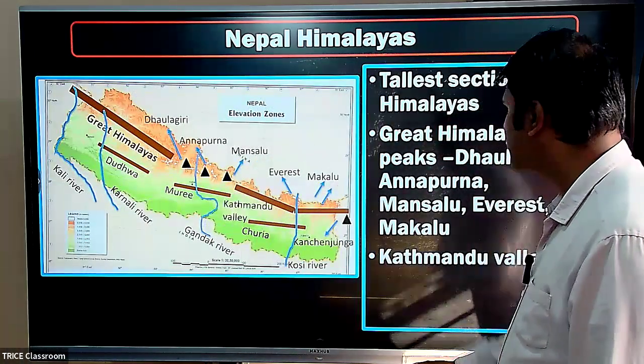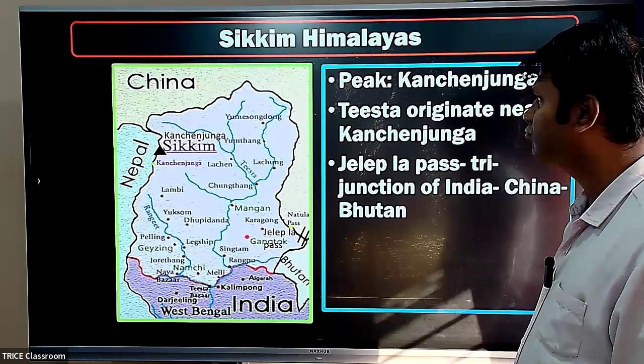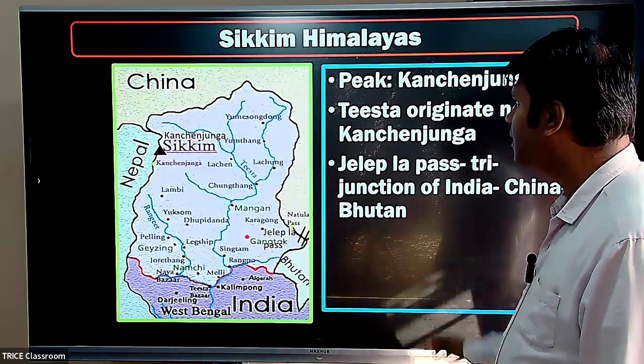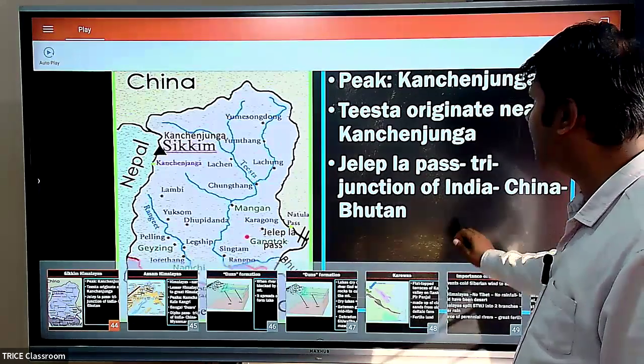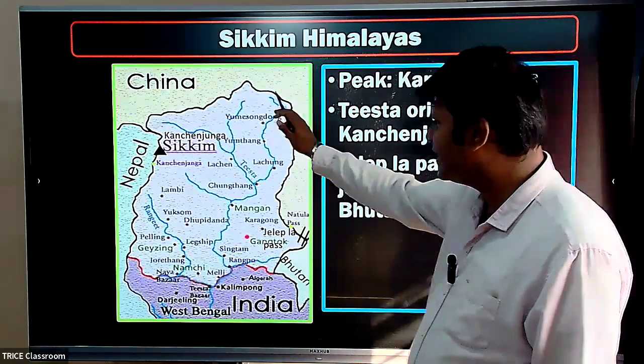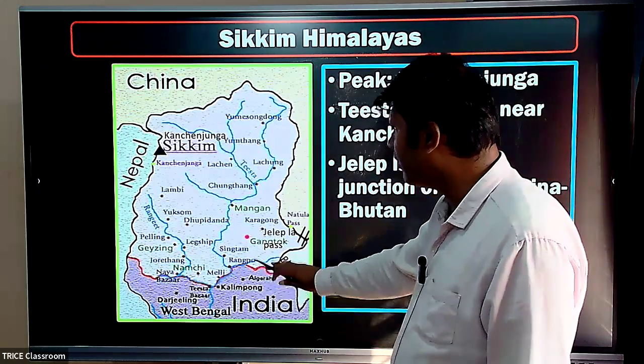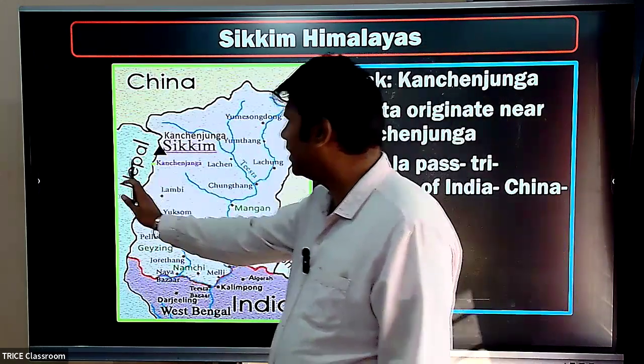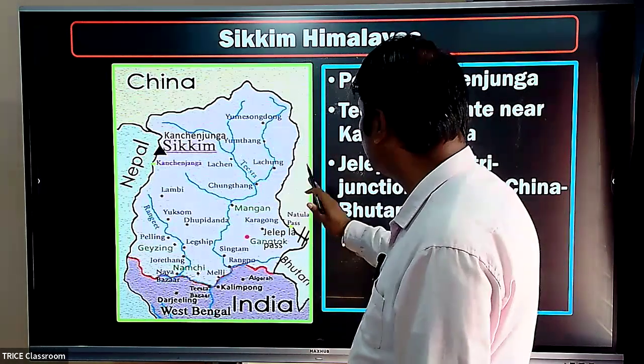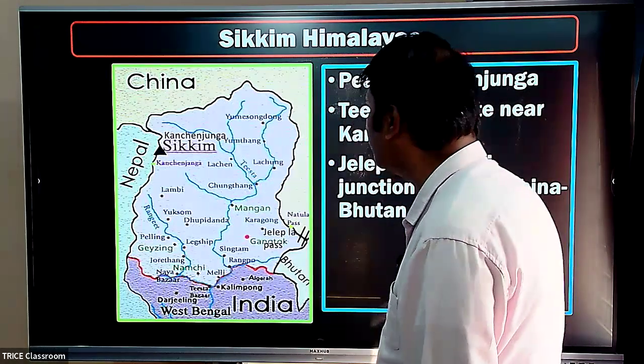Anyways, right? So that's the Nepal region. Then the Sikkim Himalayas. So this is the Sikkim region, right? Here is West Bengal and here is Sikkim. To the left you have Nepal, to the right and the north you have China.